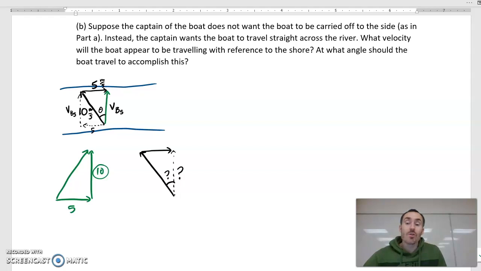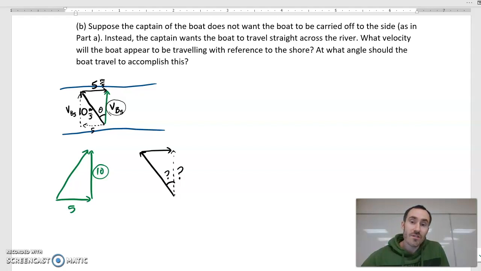Okay? So we can look at it two different ways. Way number one, which I've drawn in bold over here, you can say that the 10 meters per second is the hypotenuse, and then you can solve for the adjacent side, and the VBS over here would be the adjacent side.